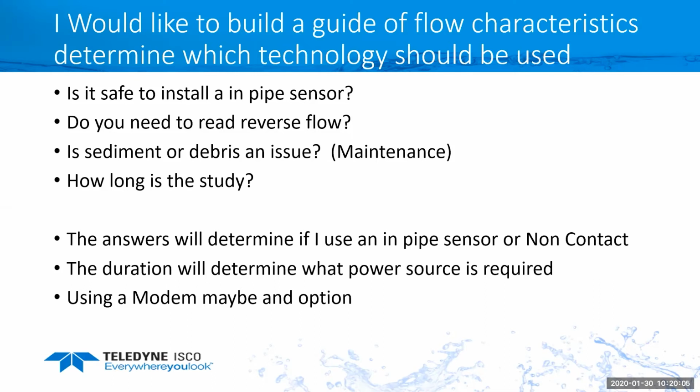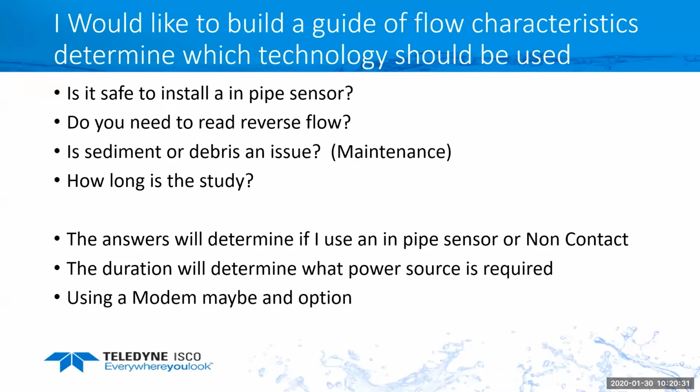And then, how long is the study? If you're only going to be out there for 10 minutes doing a spot check, then we're not so worried about the sediment or surcharging because you're out there on site. So the answers to these are going to determine what technology I use: if I'm going to use an in-pipe area velocity sensor, or if I need to use a non-contact one because there's surcharging.